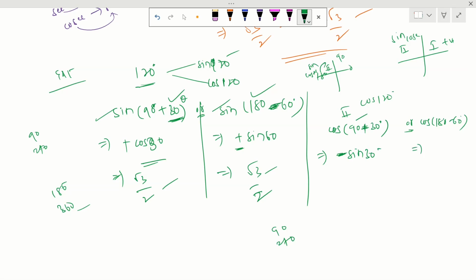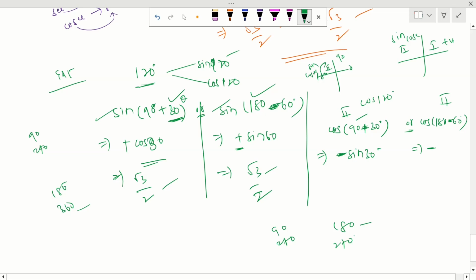Now come to this cos. Cos of 180 minus 60 is less than 180 degrees, so it is in the second quadrant, and in the second quadrant cos is negative. In case of 180 degrees, sine is sine and cos is cos only.